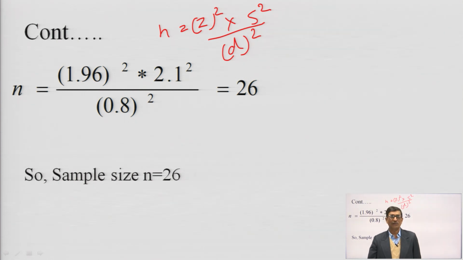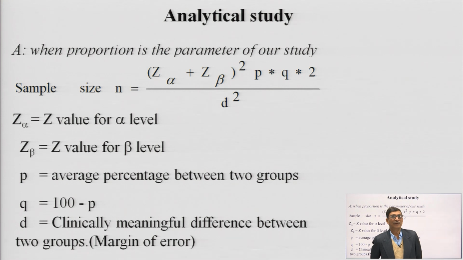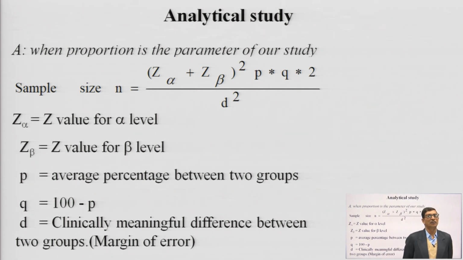And now, we come to another type of medical research, testing of hypothesis. In testing of hypothesis, we have two conditions. First is when the proportion is the parameter of our study, that means when we want to compare the proportions of two groups.